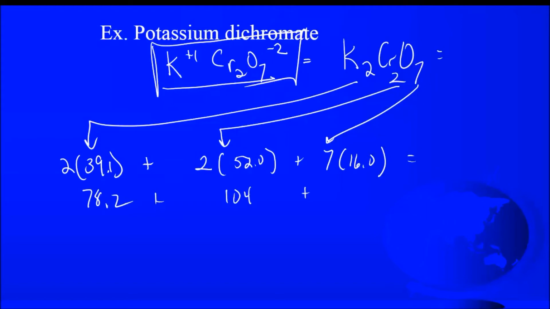Calculator, Max. 7 times 16 is 112. All right, Mr. Max. 78.2 plus 104.0 plus 112.0 equals 294.2.